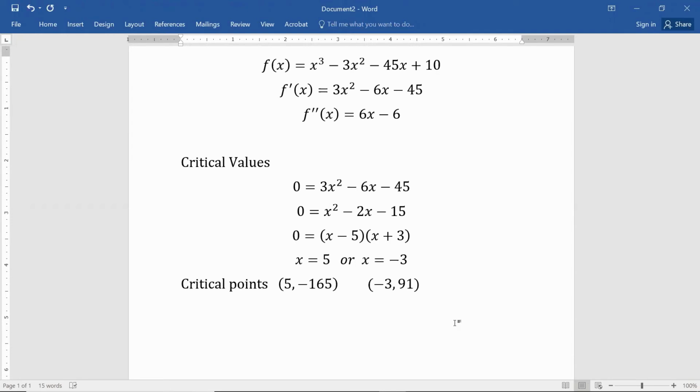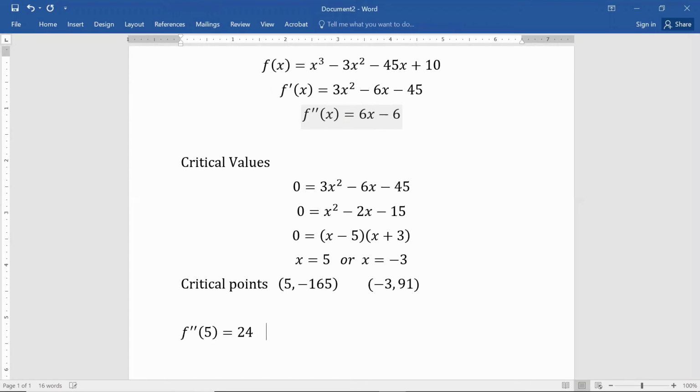Let's use the second derivative test to see whether these 2 points are relative minimums, relative maximums, one of each, or neither. The second derivative, when you plug in a 5, is equal to 6 times 5 minus 6, which becomes 24.